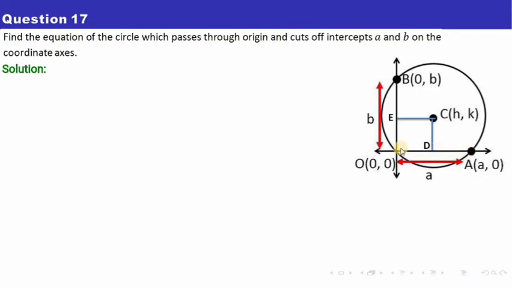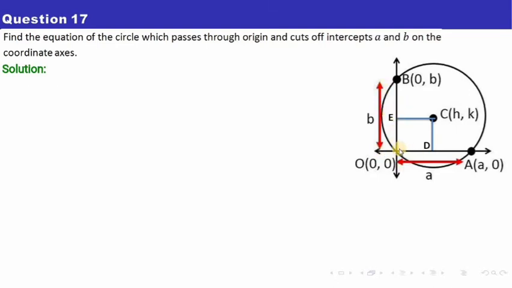In other words, can I say that OD is half of OA? Yes. So we have OA equal to A, so OD will be half of OA, that is A by 2. Similarly, we know that OB is B, so OE will be half of B, that is B by 2.